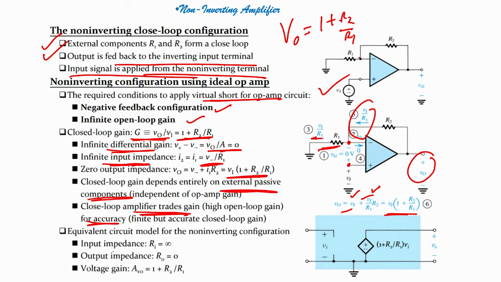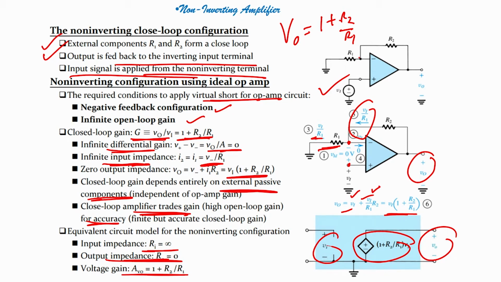So for the equivalent circuit model: input impedance is infinite, the output voltage is 1 plus R2 by R1 times V, output impedance is 0, and the gain is 1 plus R2 by R1.